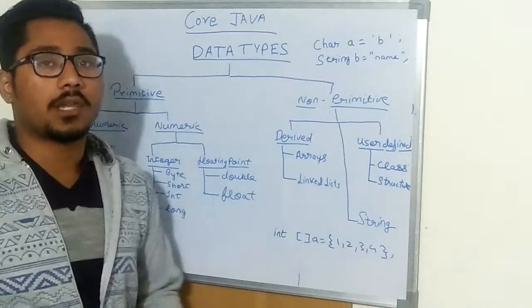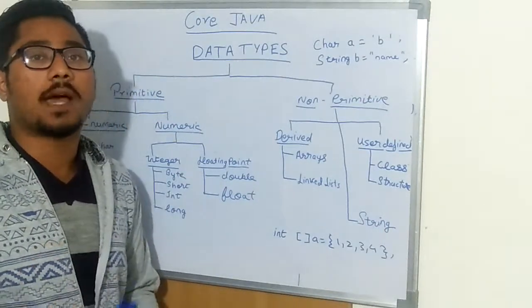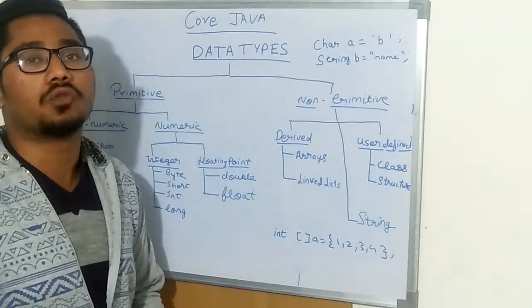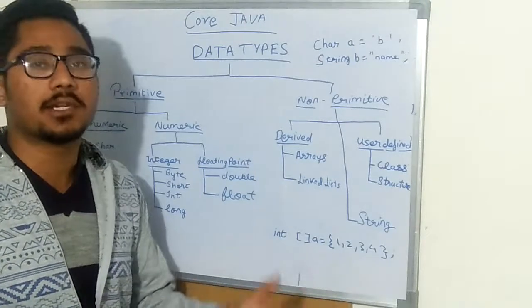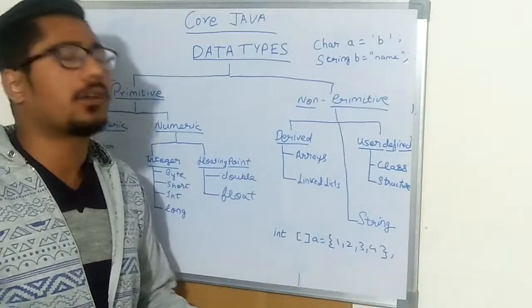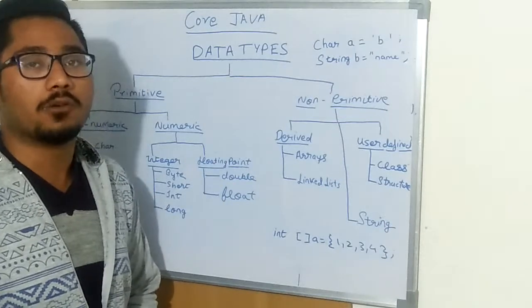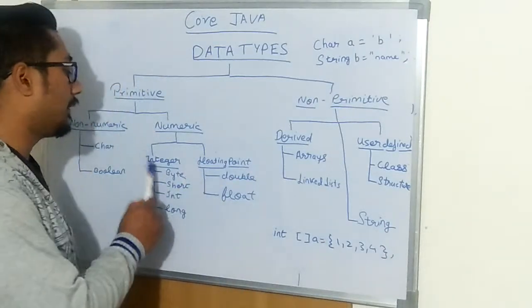Numeric data types are those data types which deal with the memory allocation of those values that are numeric, that is 1, 2, 3, 1.5, 2.5, be it a fraction or non-fractional value, be it a decimal or non-decimal value. You can store them with the help of these data types.